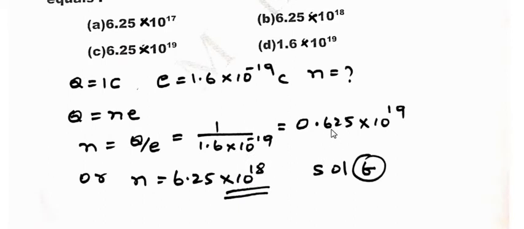Or this can also be written as, if you shift one decimal here, it becomes 6.25. When you look at the given choices, you have three choices with 6.25. But this 10 raised to 19 now becomes 10 raised to 18. So 6.25 into 10 raised to 18. So it should be choice B, the correct answer.